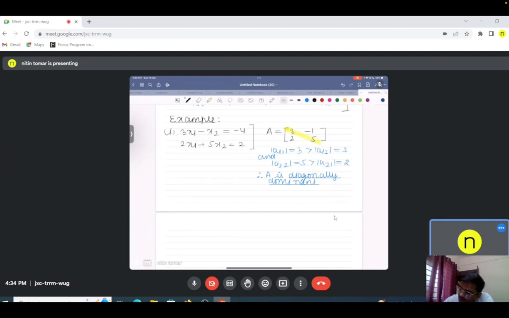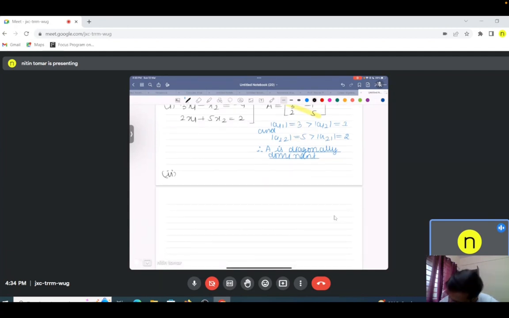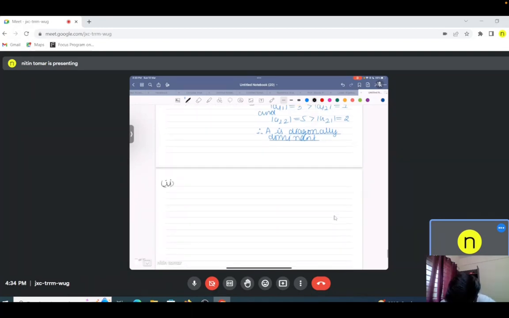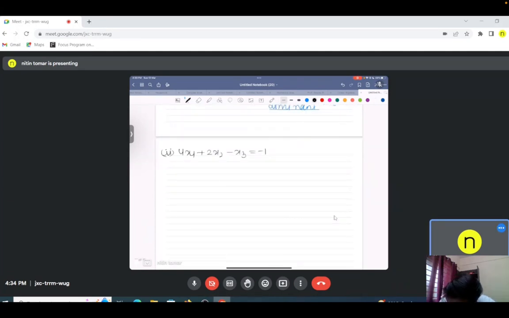What about this system? 4x1 plus 2x2 minus x3 equal to minus 1. X1 plus 2x3 equal to minus 4. 3x1 minus 5x2 plus x3 equal to 3.